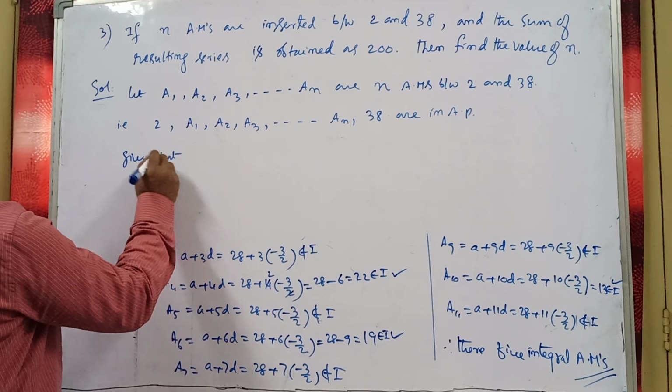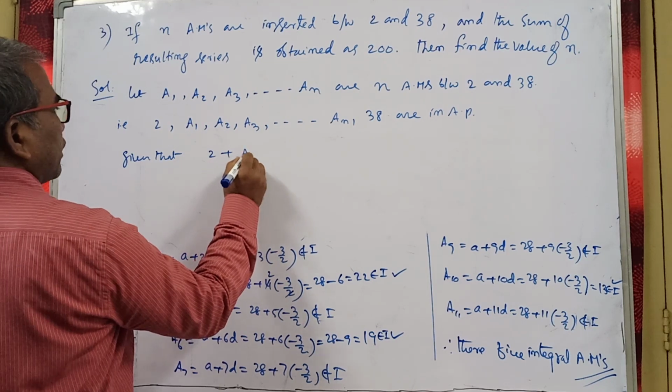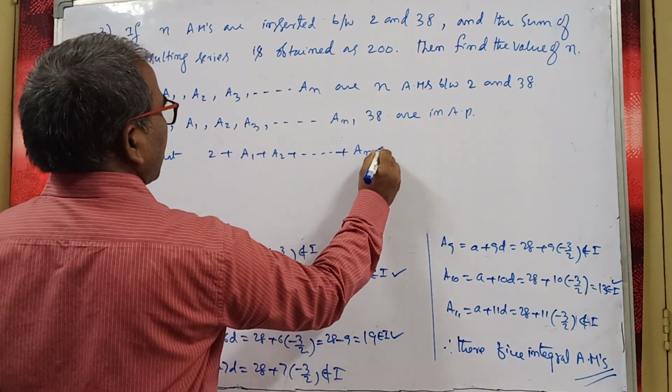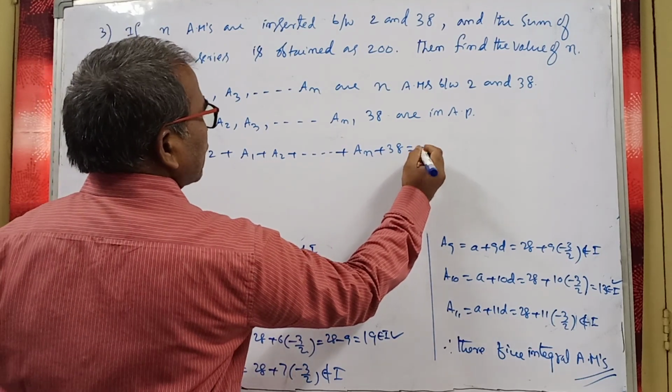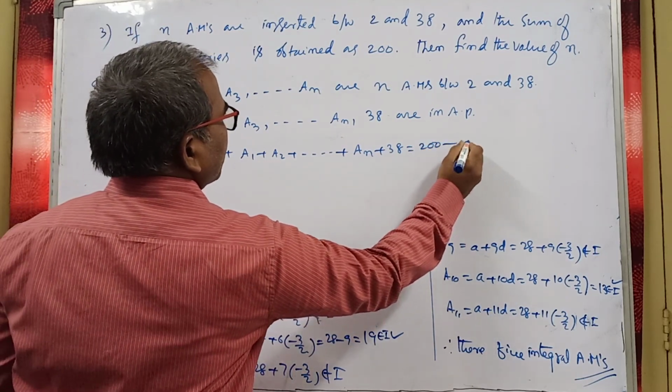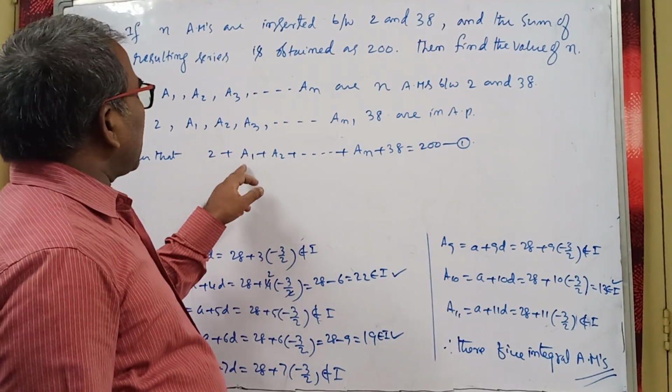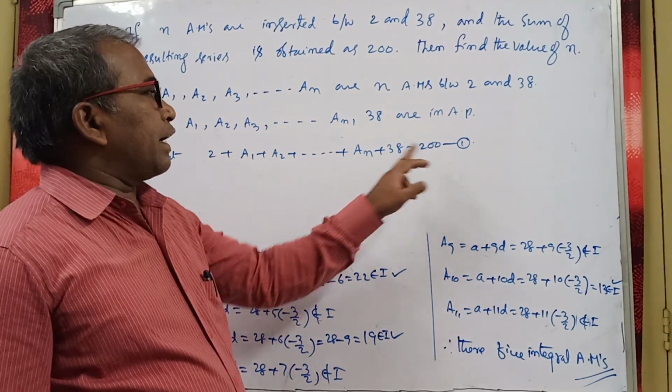What is given? The sum of this resulting series 2 + A1 + A2 + ... + An + 38 is 200.